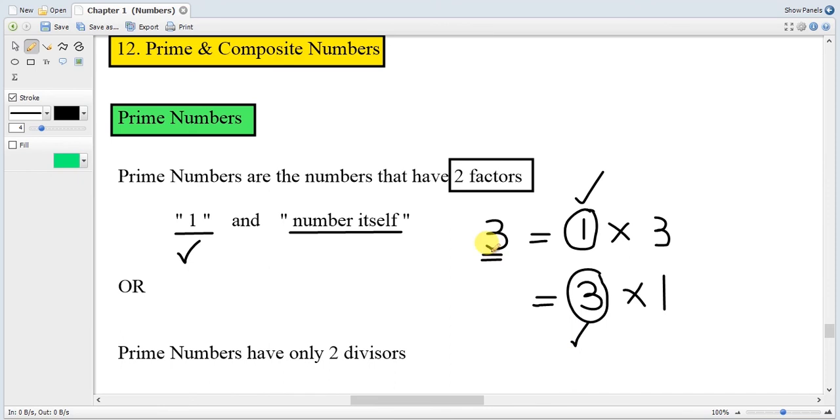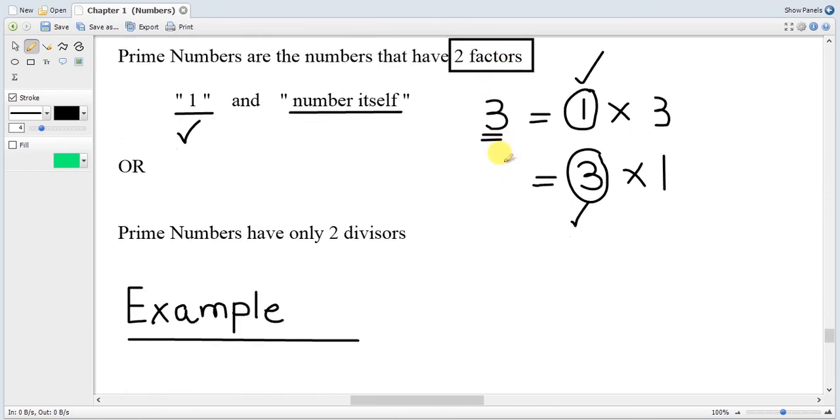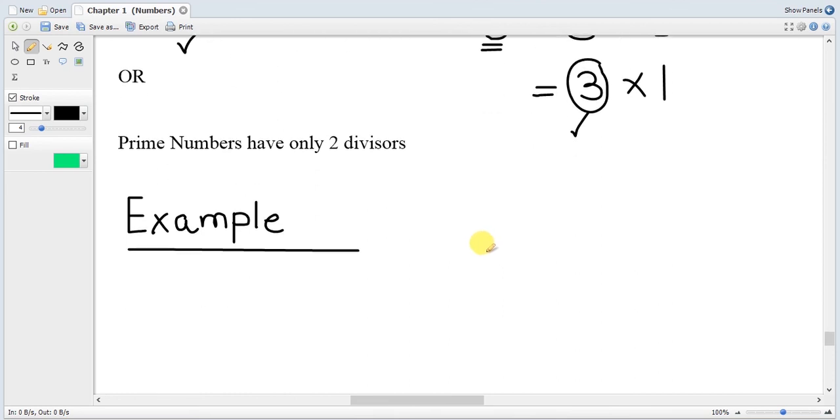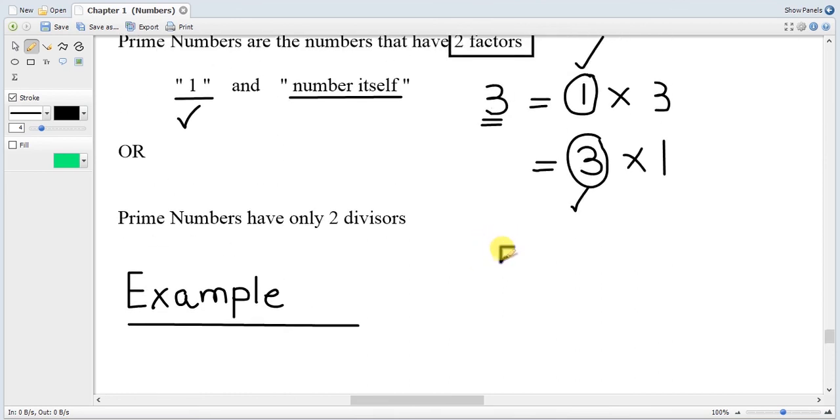If you're taking number 2 or number 5, let's do an example of number 5. What two numbers, if you multiply them together, will give you 5? 1 times 5 is 5, number 1, you can see here.